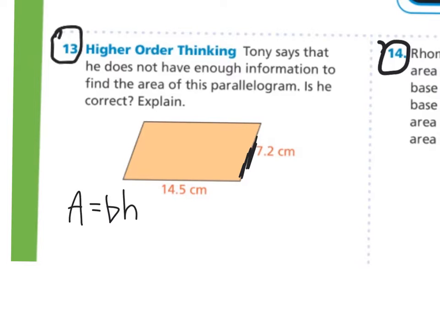This is not meeting at a right angle over here, so that's actually one of the sides of the parallelogram, but it's not the height of the parallelogram. So that actually is not the height. We would need our height to be like maybe in here or maybe off to the side, but it's got to be meeting the base at a right angle. So Tony is actually correct.